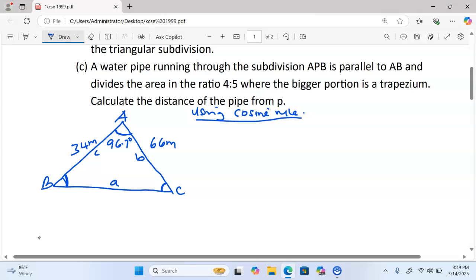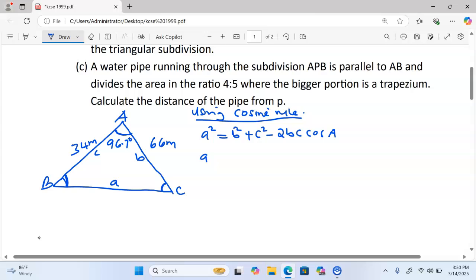Using the cosine rule, and since we need BC whose length is a, we say a squared is going to be equal to b squared plus c squared minus 2bc cos of angle A.